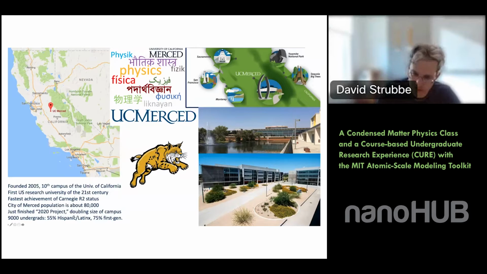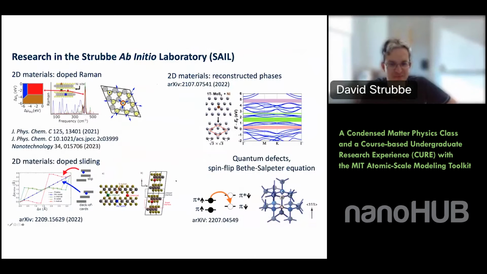And something I'll talk a little more about later is that just over half of our students are of Hispanic or Latinx background, and 75% are first generation students. And we're the Bobcats.